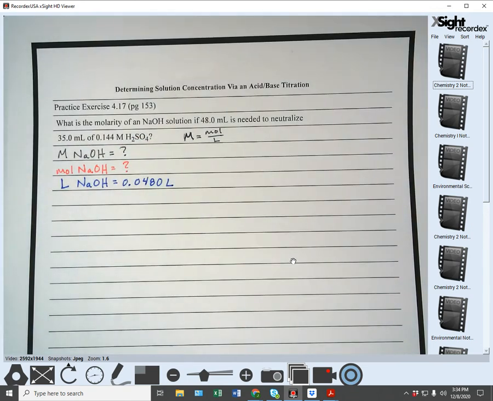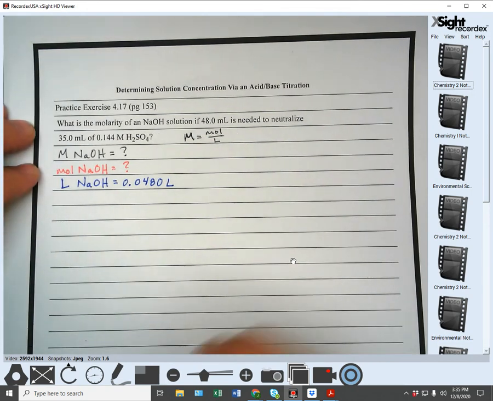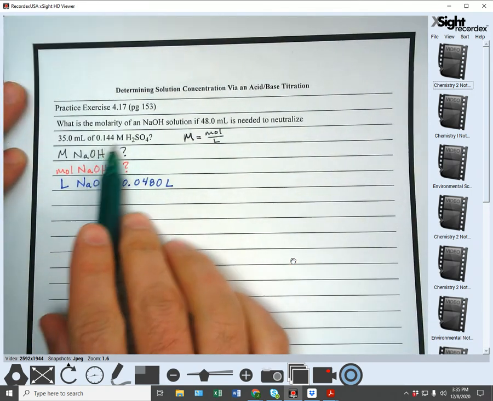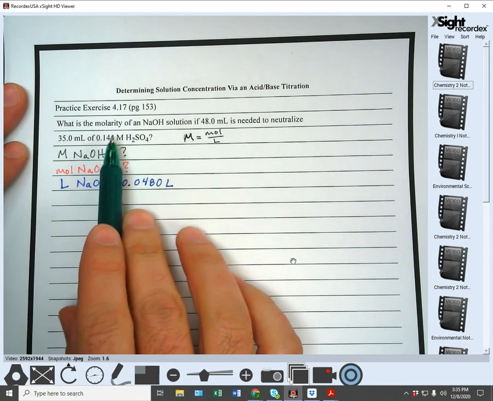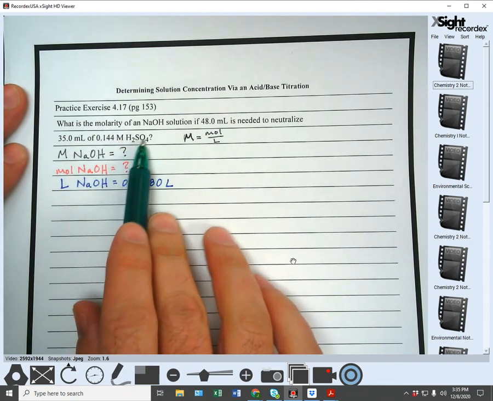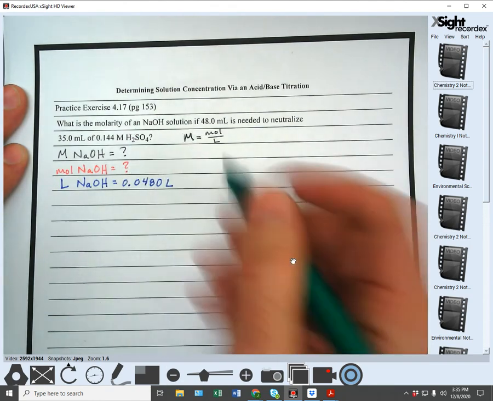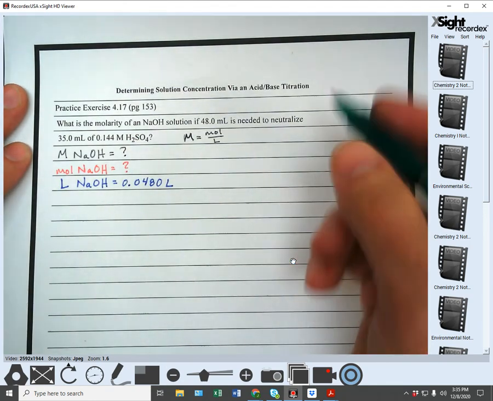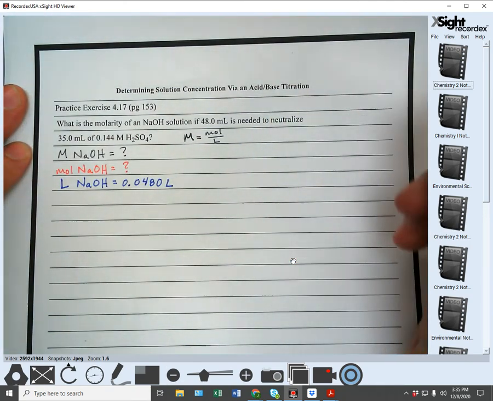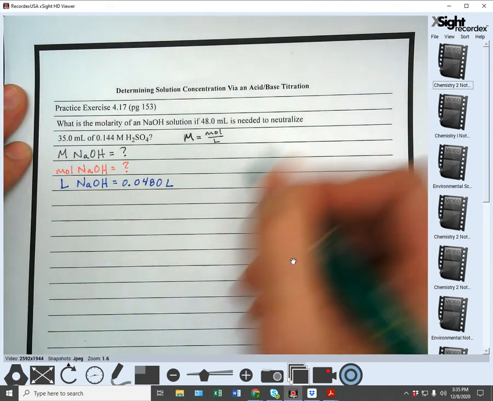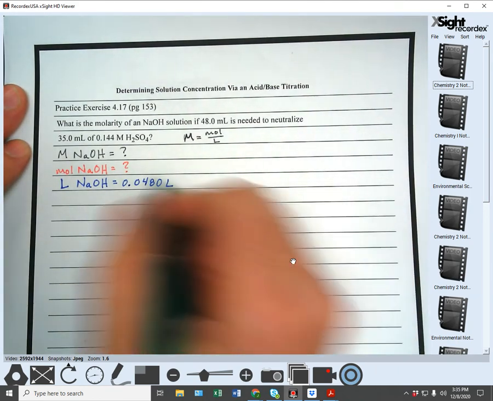So what we're going to need to do is make a balanced equation so we can convert from the information we have for the H2SO4 into the NaOH. All right, so I'm going to write a balanced equation.